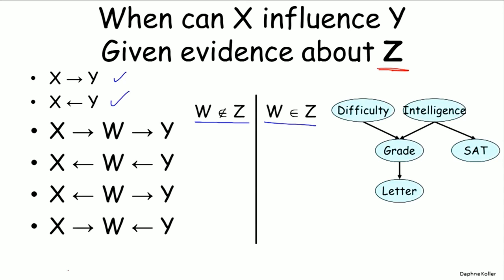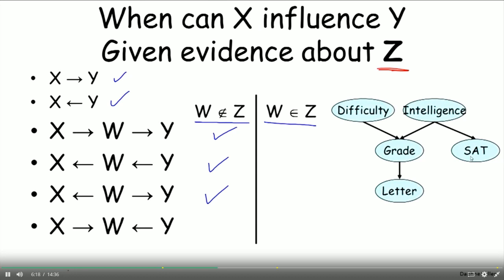For example, difficulty can still influence letter via grade if grade is not observed. So here we have exactly the same behavior as before. That is, the intermediate variable through which the influence flowed was not observed, and therefore there's no reason why observing X can't change things.